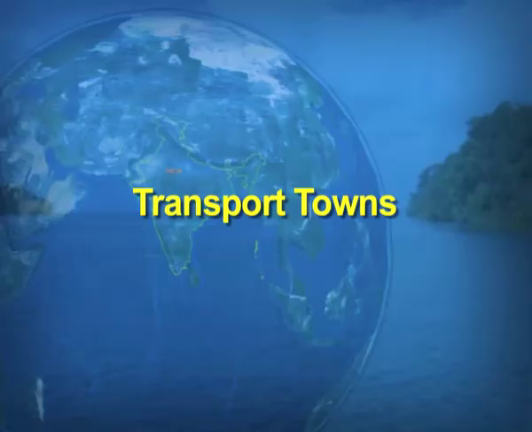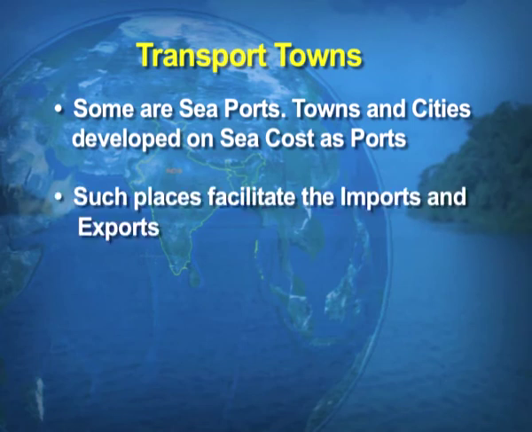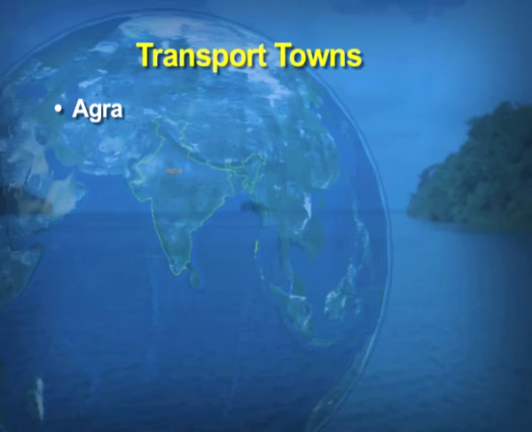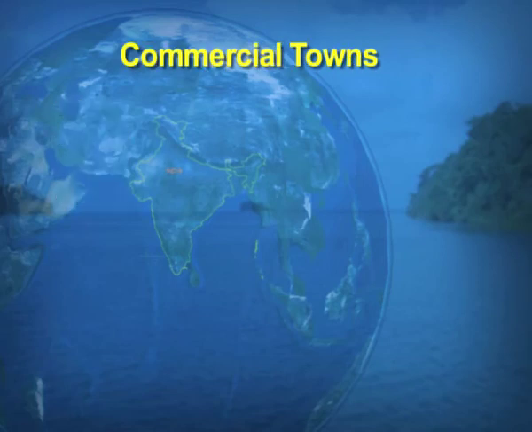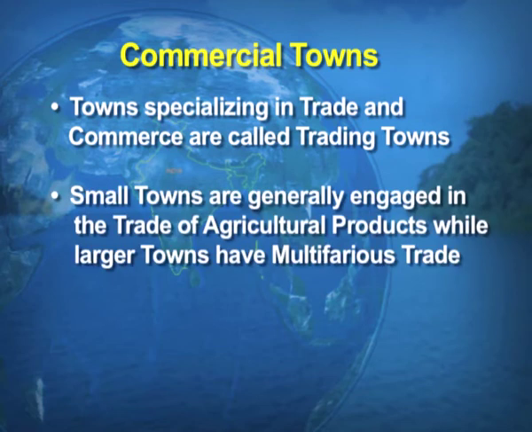Transport towns: some are the seaports which are known as transport towns, because such places facilitate imports and exports. And there are other towns which are the hubs of inland transportation, for example, Agra, Katni, Itarsi, etc. Commercial towns, the towns specializing in trade and commerce, are known as trading towns, and some towns are generally engaged in agricultural products.